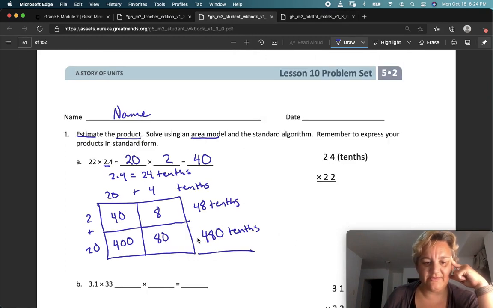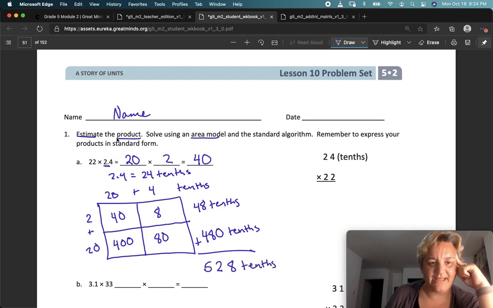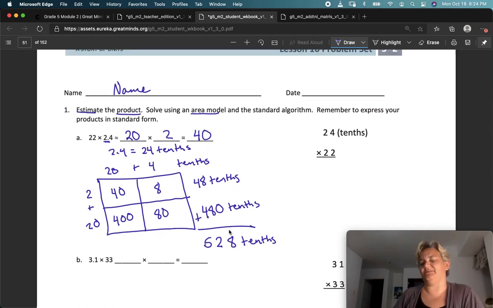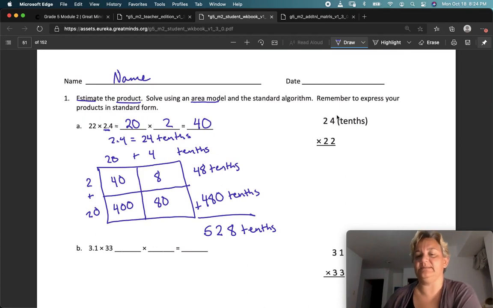And then I'm going to add those together, and I'll get 528 tenths. So now I've estimated my product at 40, but I got 528 tenths. Those don't look at all the same, do they? But I think you're going to be surprised.